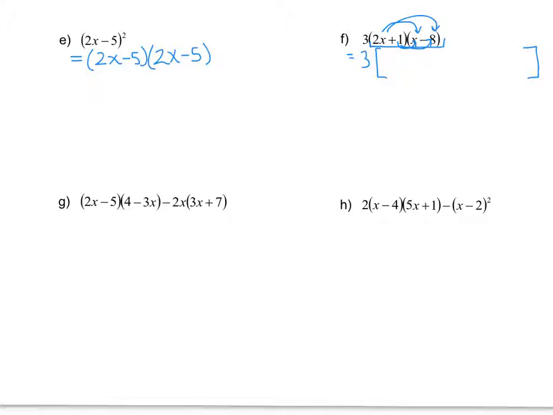And then once you've got that tidied up, then multiply everything by 3 in the end. Sometimes students will try to multiply the 3 through first, and then I've seen so many disasters in my many years of experience. So it usually works better for students if you do the tricky multiplication first and then multiply everything by 3 at the end.